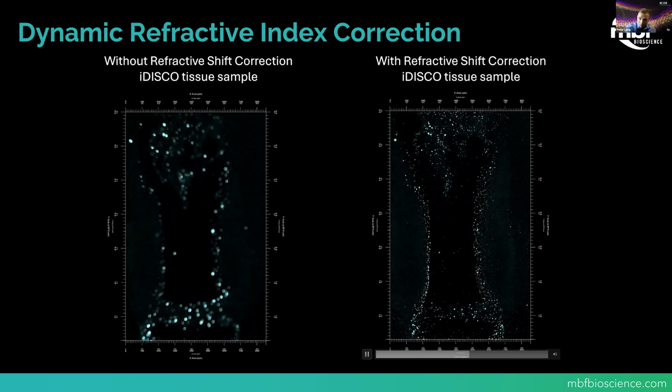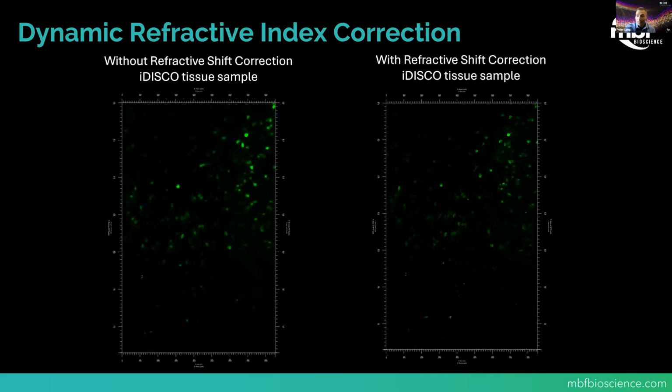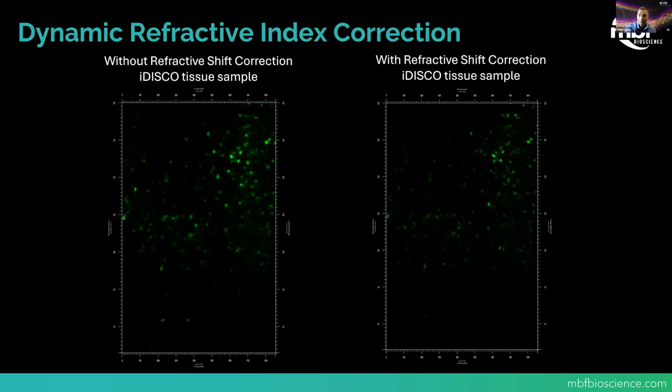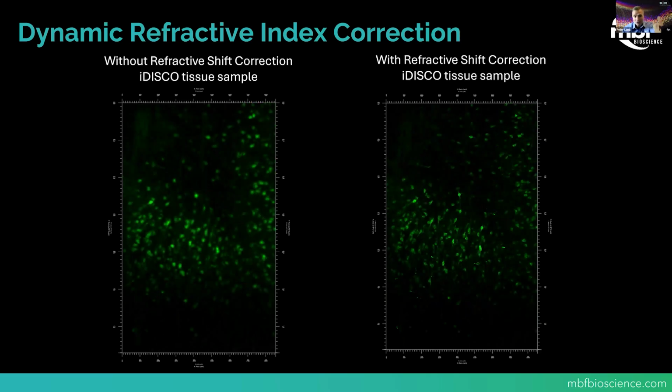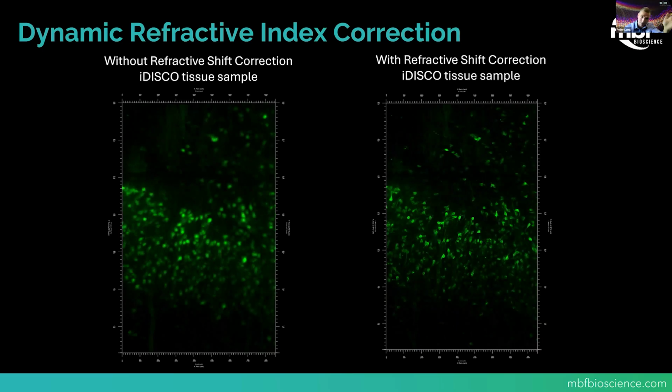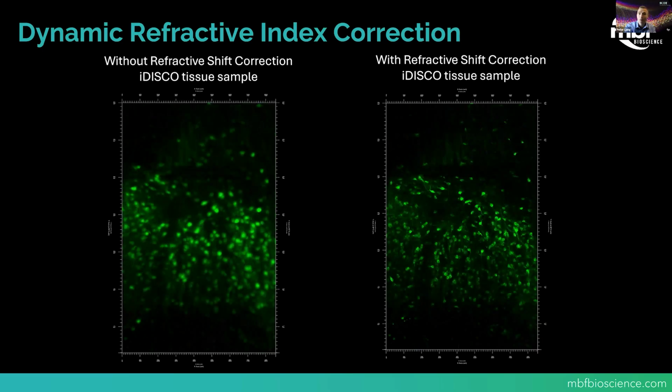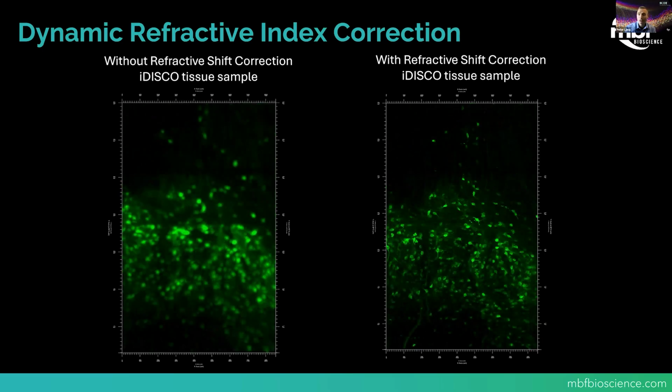Here's another example of a CLARITY-cleared tissue sample. This has a refractive index of roughly 1.46, whereas the sample we were just looking at was around 1.56, so a significant refractive index change. And here again, you'll see the cell bodies and processes on the left go further and further out of focus as we go deeper into the tissue.